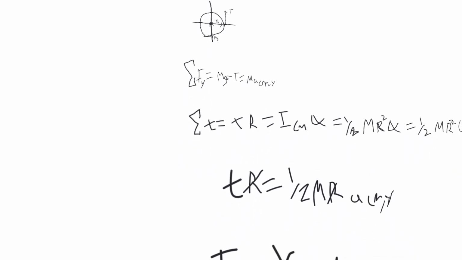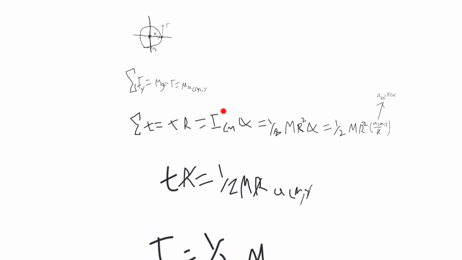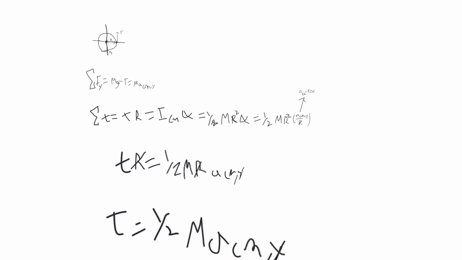Okay, so now we're talking about torque. The sum of the torque, which is the tension times the radius, is equal to the moment of inertia times alpha, which is equal to half m r squared times alpha.